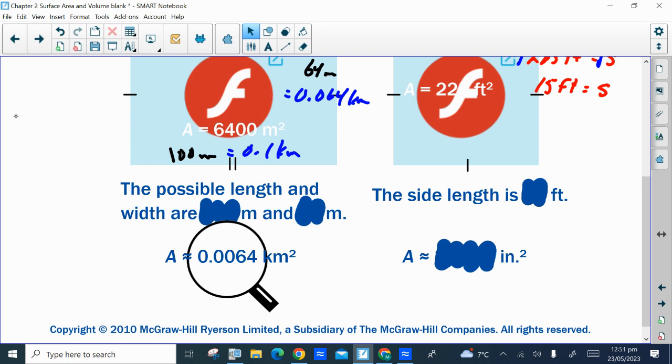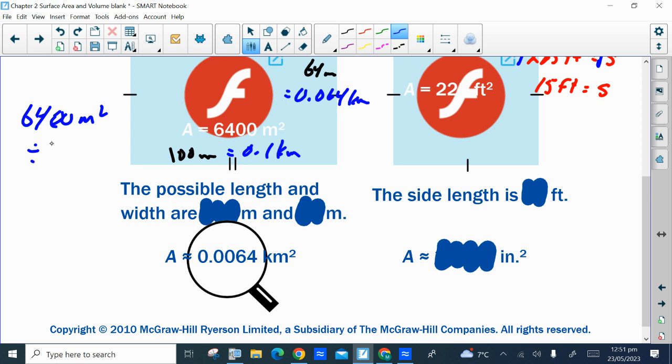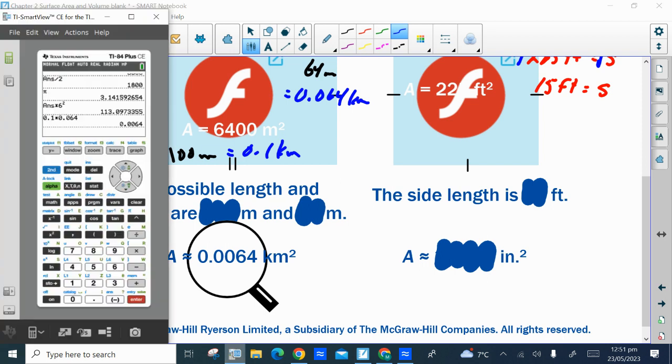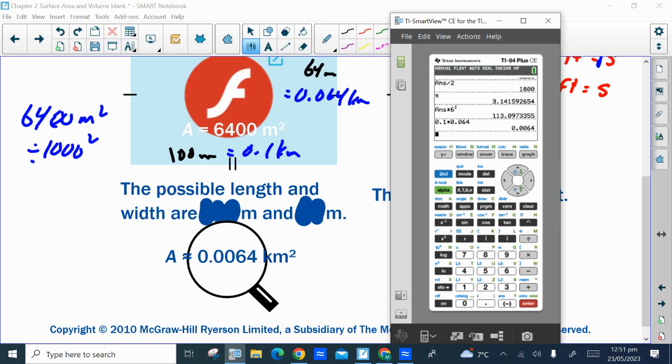So 6,400 meters squared, to convert that into kilometers squared, you'd have to divide by 1,000 squared because area is in units squared. So let's check that one on our calculator and see if we get the right answer. 6,400, which was the square meters, divided by 1,000 squared does give us the right answer.